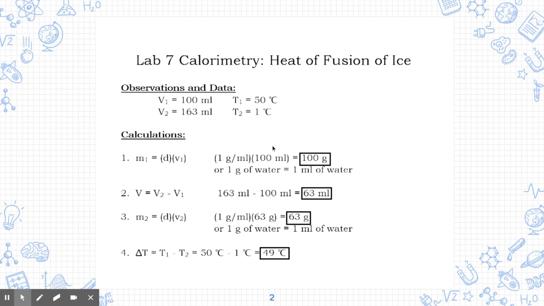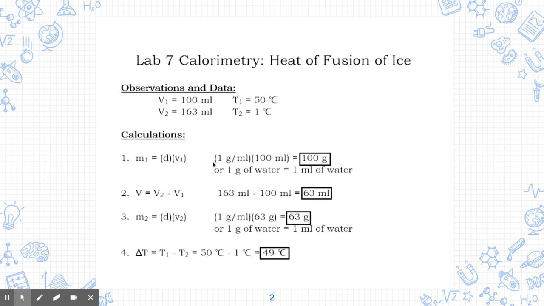So let's take a look at your calculations. Your first calculation, number 1, says using the known density of water, find the mass M1 of the original volume of water V1. To find the mass using the density triangle, you would multiply density times volume, specifically volume 1.